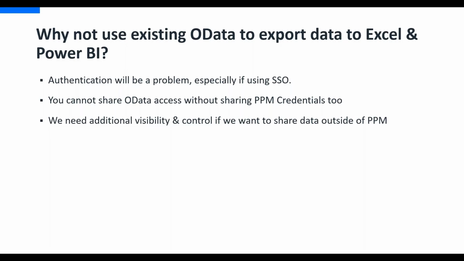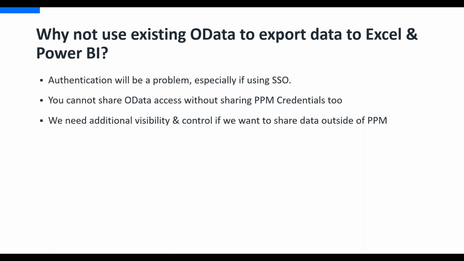Even if the customer's instance is not using SSO but PPM credentials, those credentials would need to be shared to see the data from OData directly. Also, when you are sharing data outside PPM, admins always want visibility and control over what data is shared.